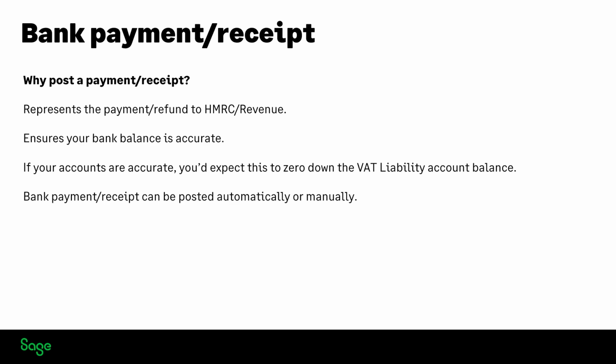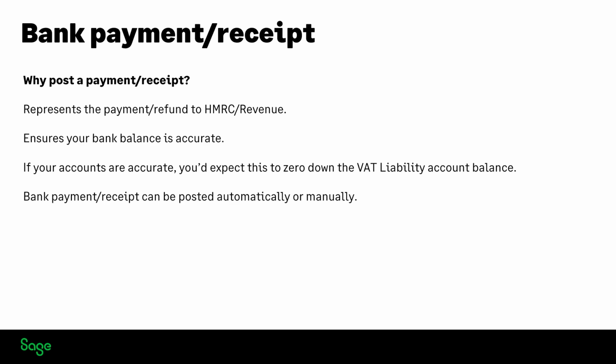So you do the journals, and it establishes a liability against that nominal code. Then let's say you make a payment, you would post it to that nominal code using the payment option within the VAT return wizard. That should essentially be the equivalent of what the liability is, so they should cancel each other out.